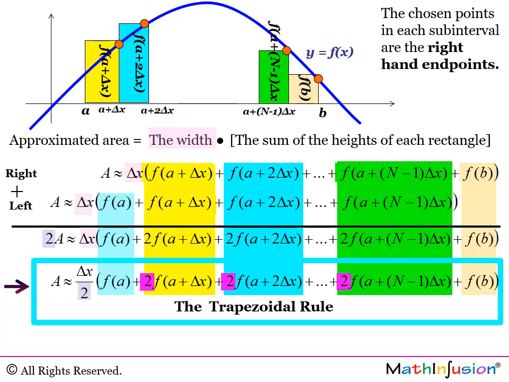This is the trapezoidal rule. Observe that except for f(a) and f(b), all the other terms are multiplied by 2. The trapezoidal rule is just the average of the right and the left Riemann sums.